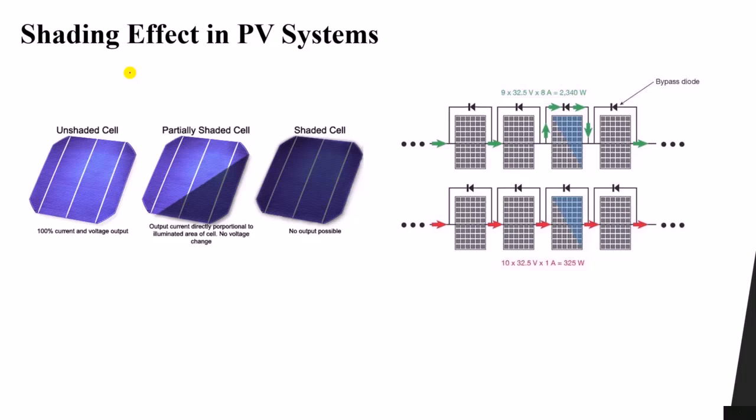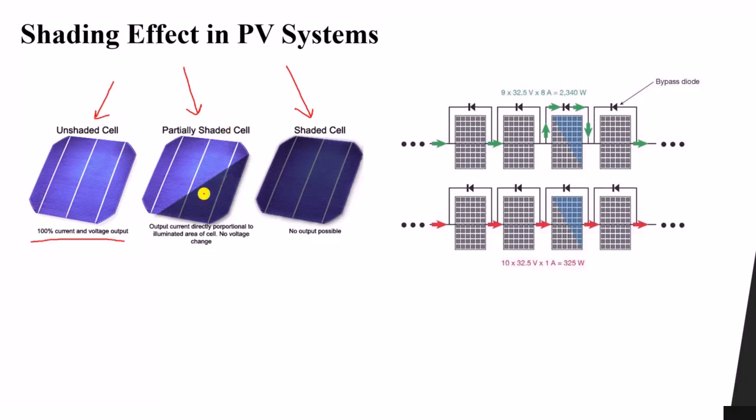If you look at this image, you will find that we have three types: unshaded cell, partially shaded cell, and completely shaded cell. You can see this unshaded cell which has all of the solar energy, and it does not have any shading effect. So we will have 100% of the current and voltage coming out from this cell.